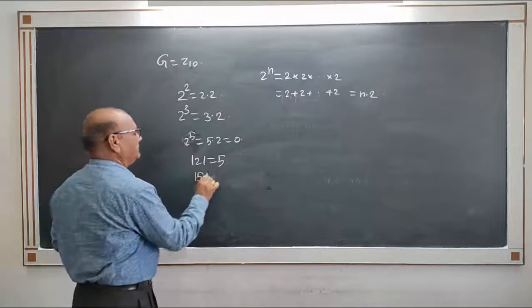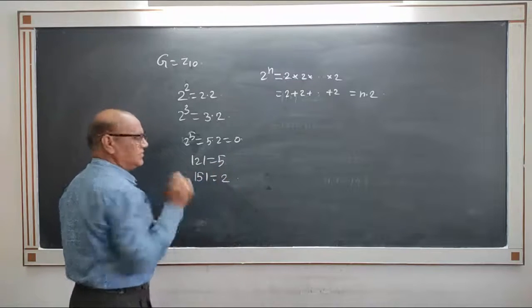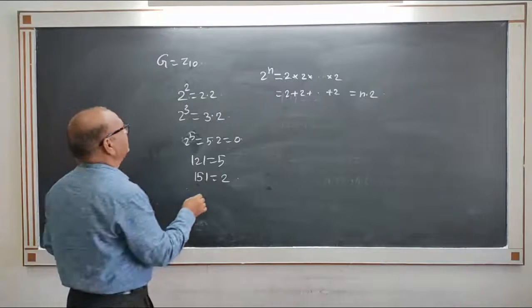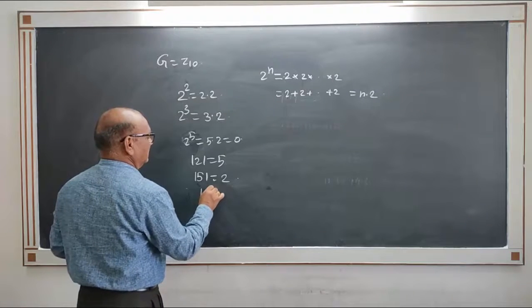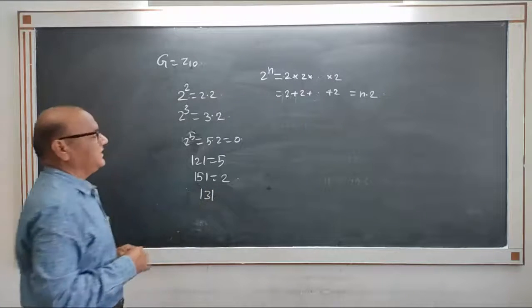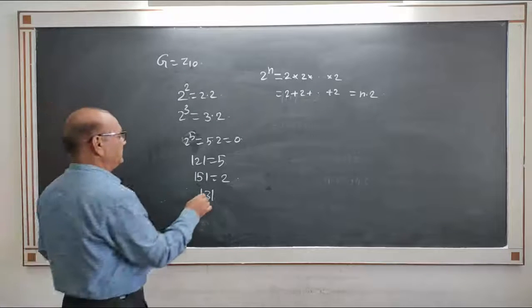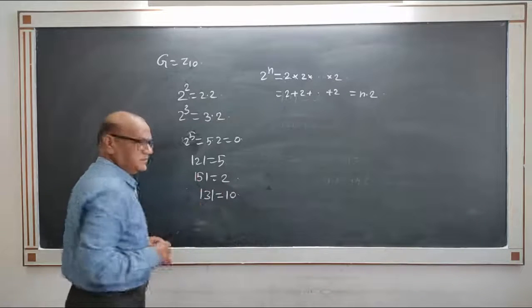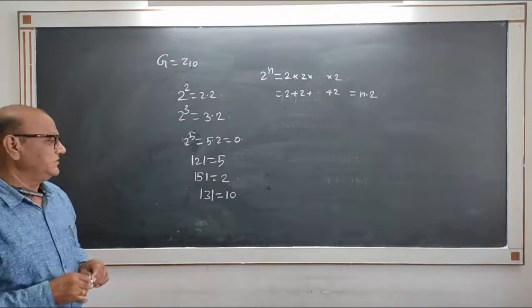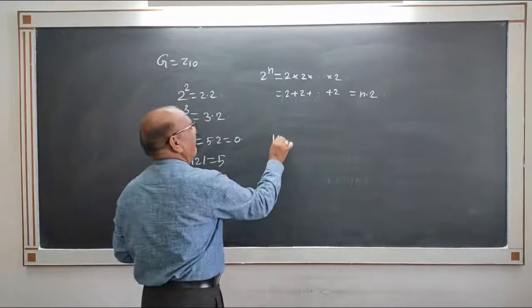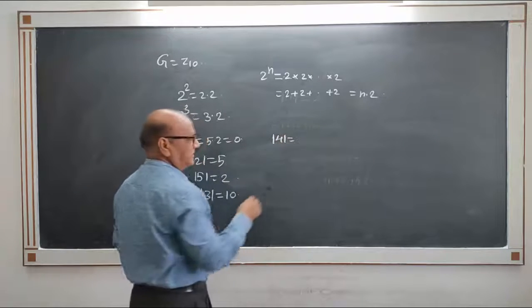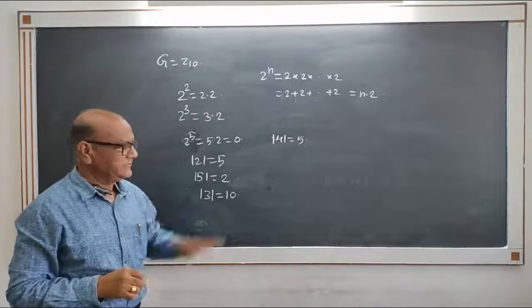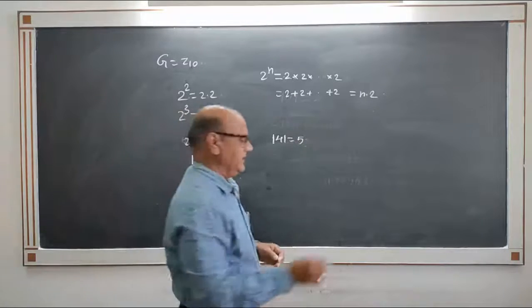Order of 5 is 2. Order of 3 is equal to 10. Order of 4 is equal to 5, and so on.